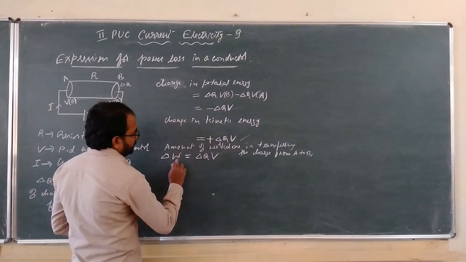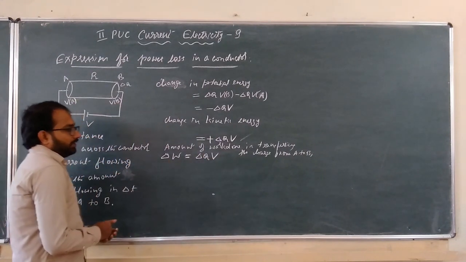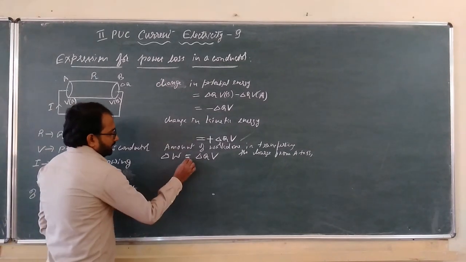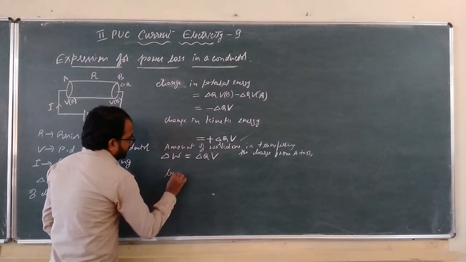So this is the expression for the loss in electrical energy during the charge flow from end A to end B. What about delta Q?